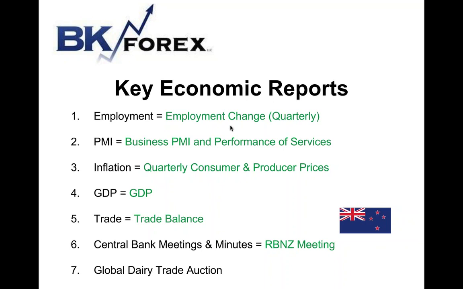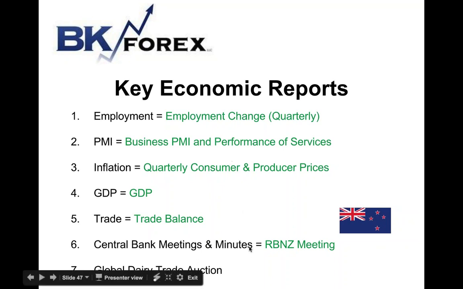Remember, this is the interesting thing about New Zealand. It's a tiny little country, so small changes could have massive movements one way or the other. As I said, the GDP of New Zealand is small next to the GDP of New York. So even a small movement in employment one way or the other could have a big impact on a percentage basis and on the New Zealand dollar.